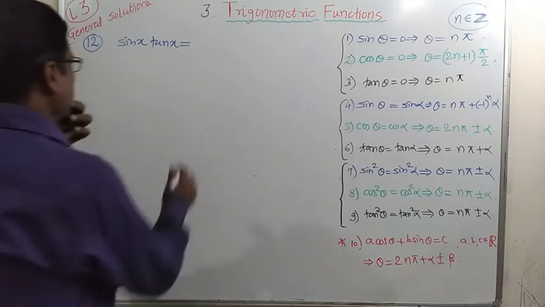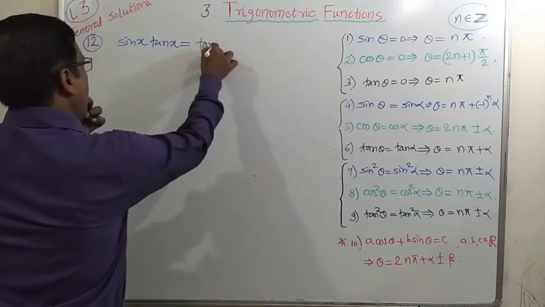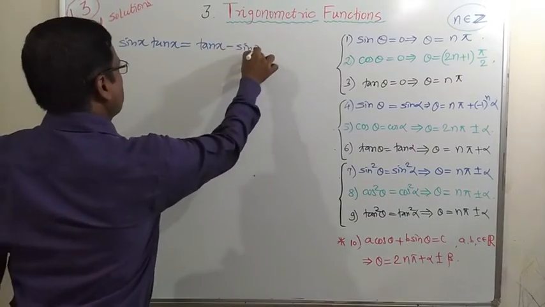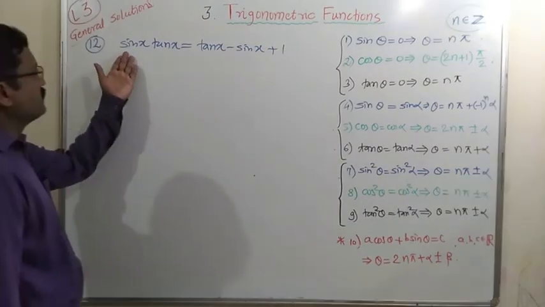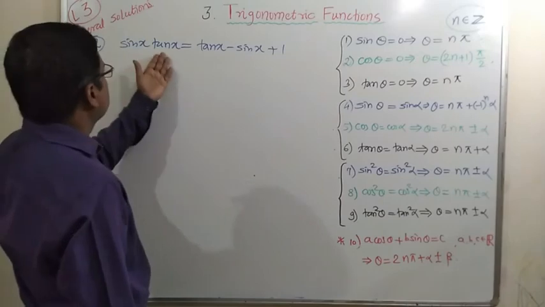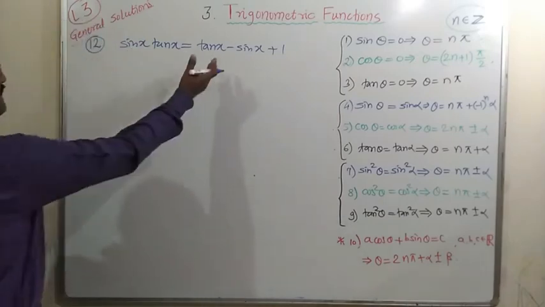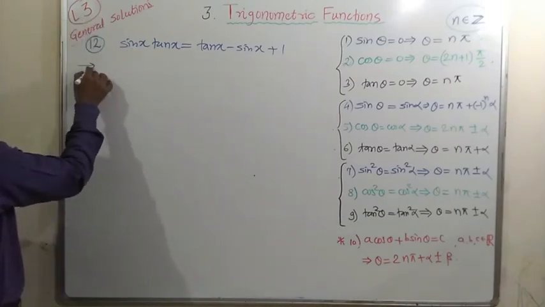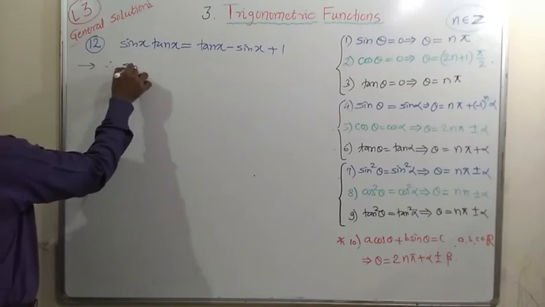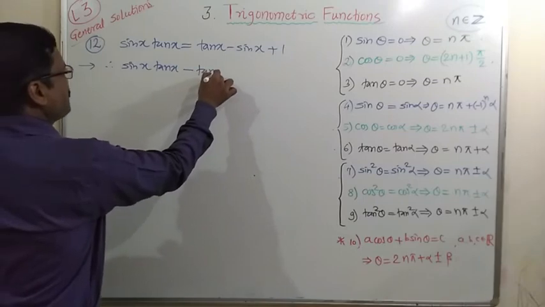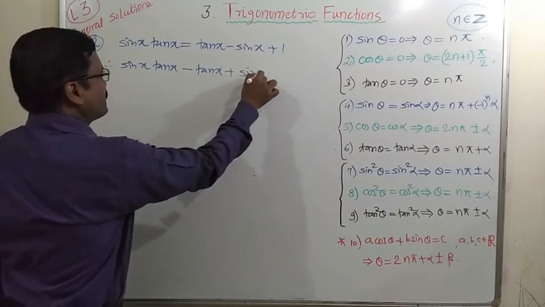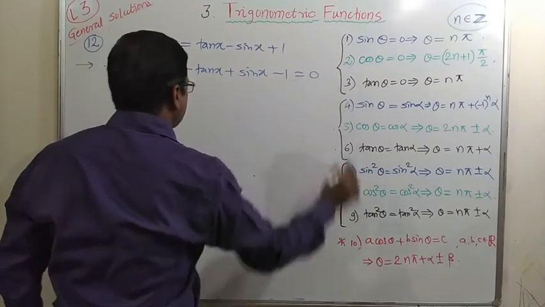Tan x minus sin x plus 1. Once again, we are observing a similar trigonometric equation with sin x and tan x. So take all terms to the left side first. So sin x into tan x minus tan x plus sin x minus 1 equal to 0.